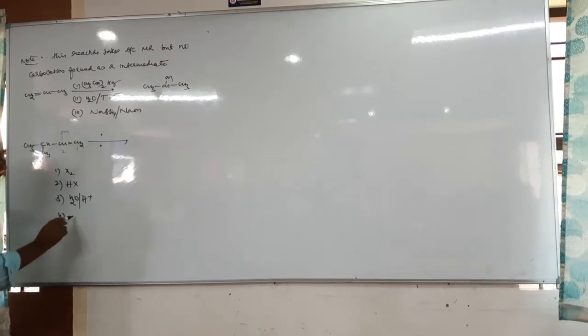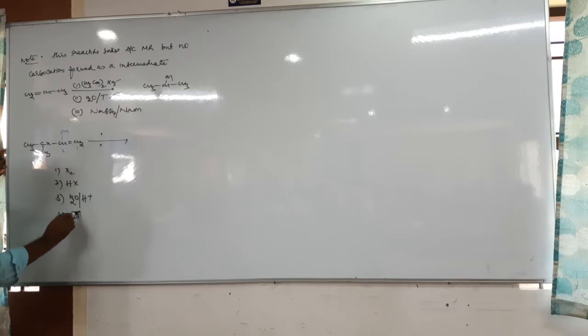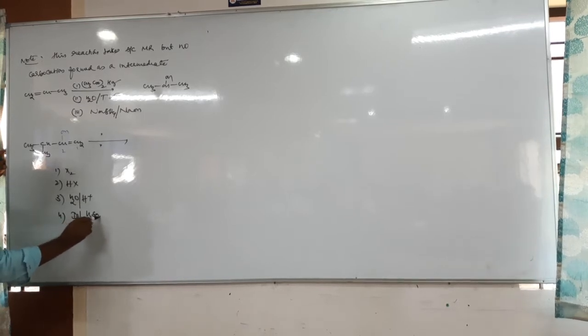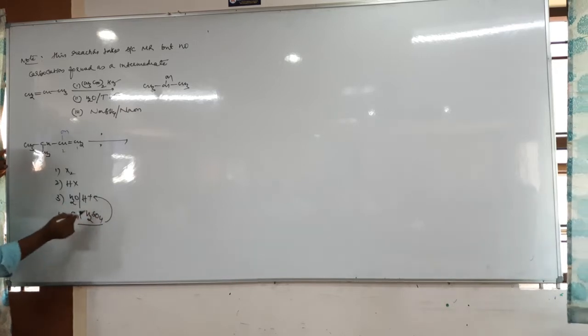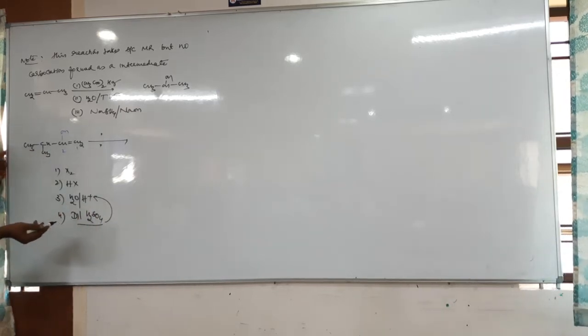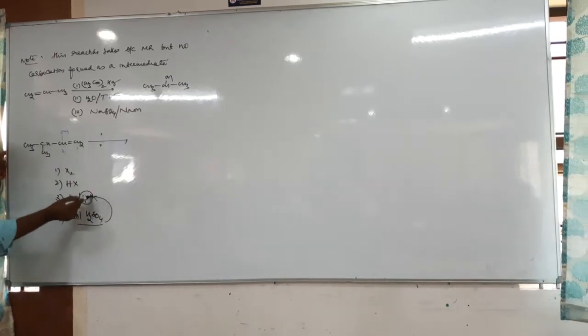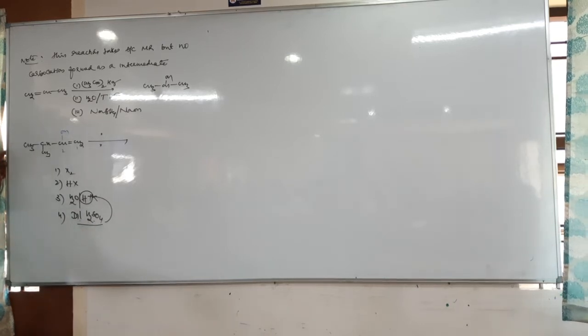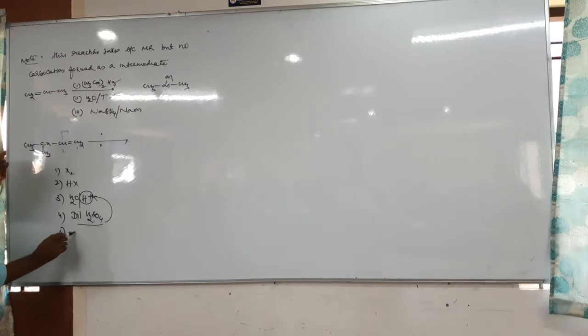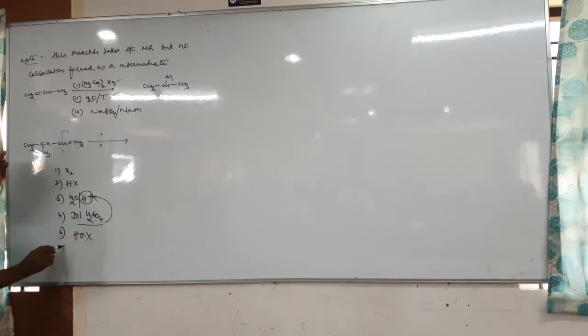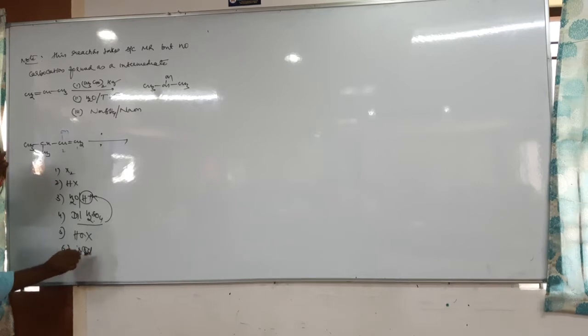Four, addition of dilute sulfuric acid. See, addition of dilute sulfuric acid is exactly similar to the same. This is also the same meaning, no? Addition of water, acidic medium. It is also addition of water, acidic medium. Both are the same. Fifth one, addition of HOX. Sixth one, addition of NOCl.